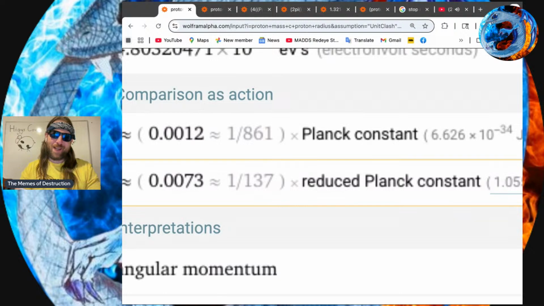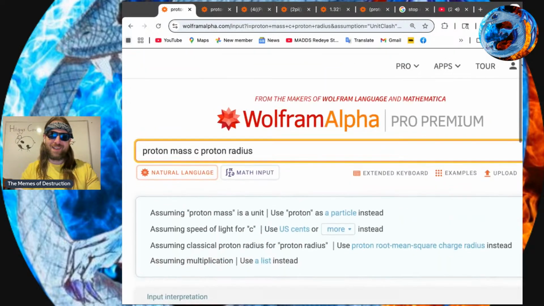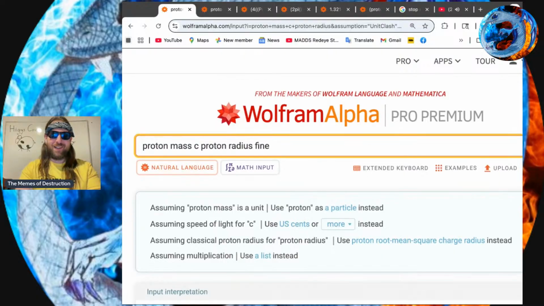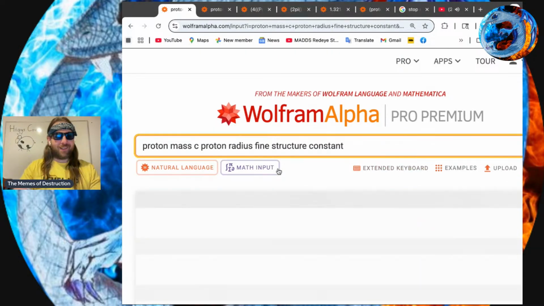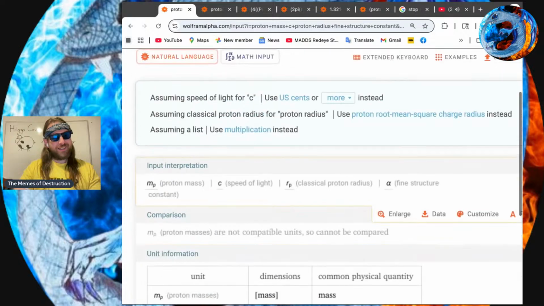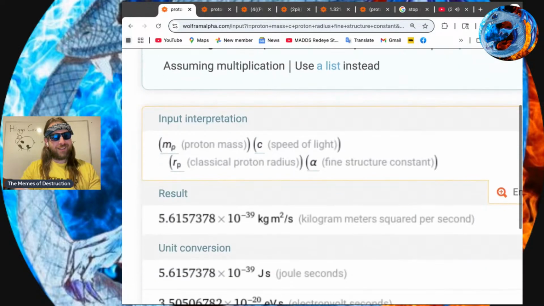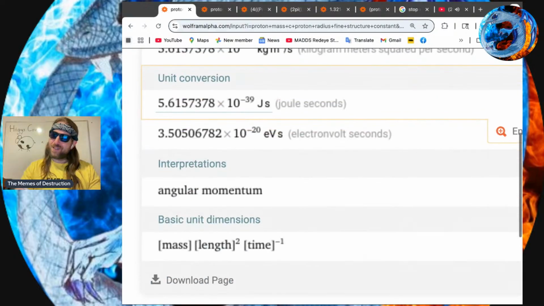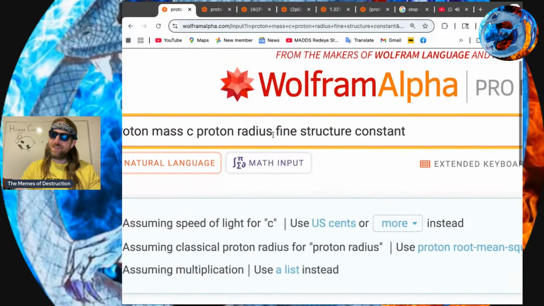That was the thing that made me go, I wonder. So, multiply by the fine structure constant, which is about 1 over 137. Here's the classical proton radius. Multiplication. And then to... No, I did... I should have divided.